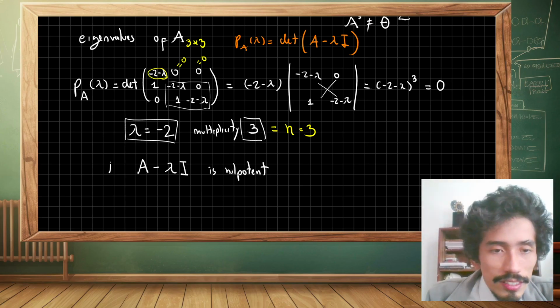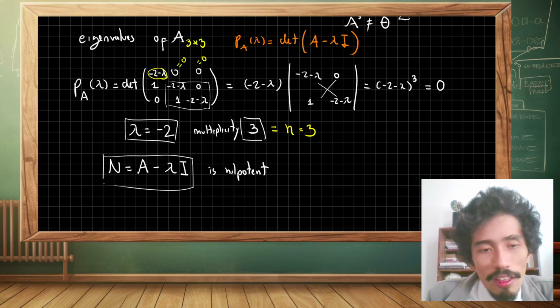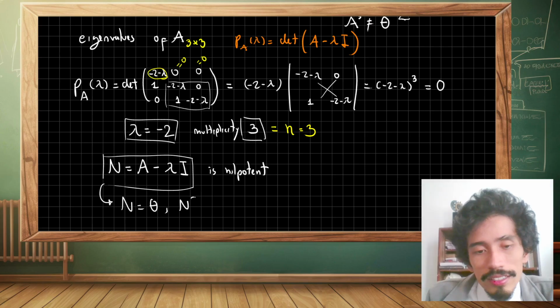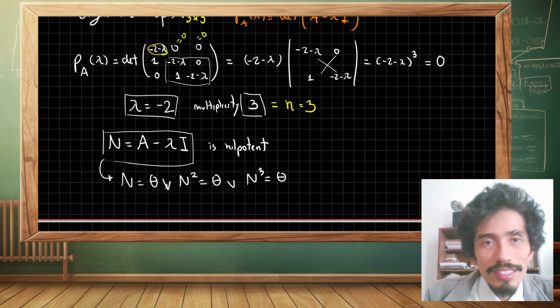And you can call this matrix N. So this matrix is nilpotent. Then this means that either N is the zero matrix, N squared is the zero matrix, or N cubed is a zero matrix. So let's see which matrix is N.